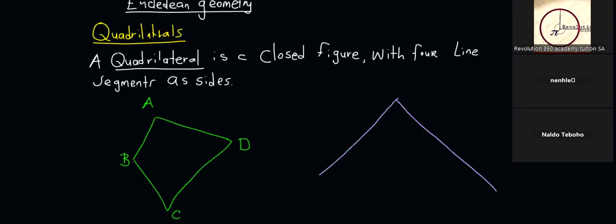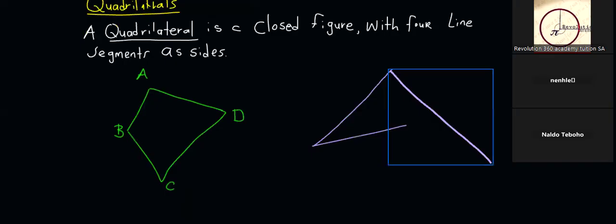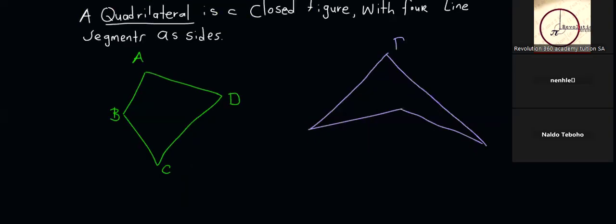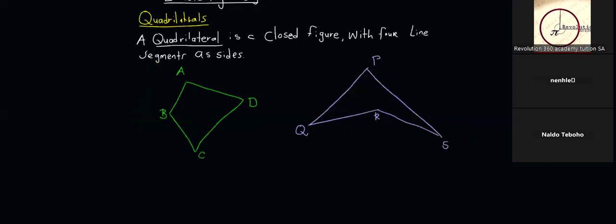You can label this as P, Q, R, S. So either one of these two is what we call a quadrilateral. So there are many of those.